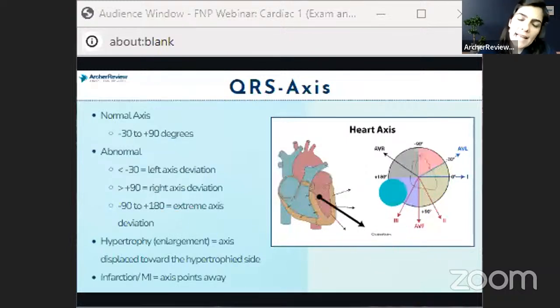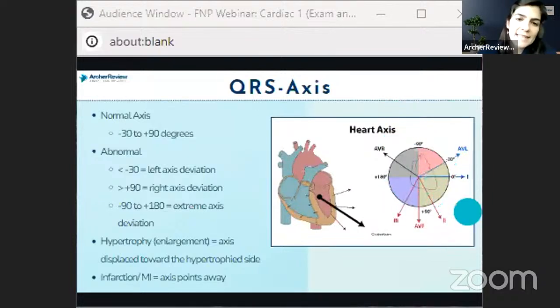And remember what I said, if you're moving towards a positive point of the lead, you're going to see an upward deflection. And if you're moving away from it, you're going to see a downward deflection. So in the first lead, the positive is right here on the left side, the negative is on the right side, and then in aVF, positive is down here, negative is up there.